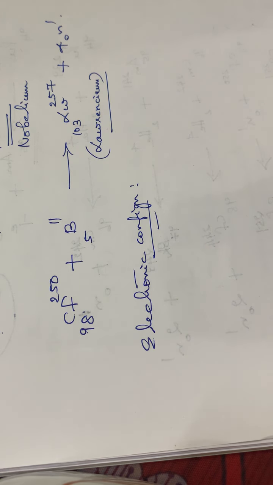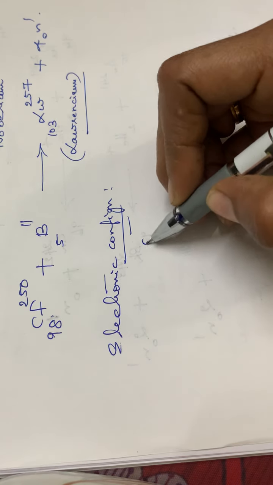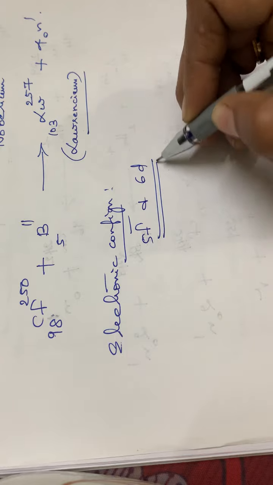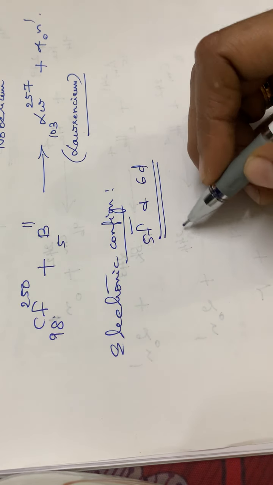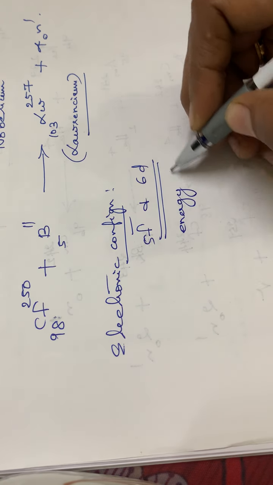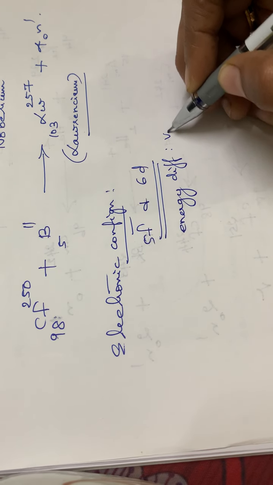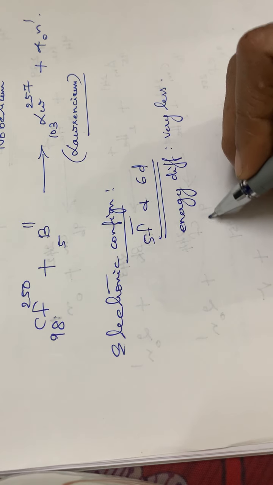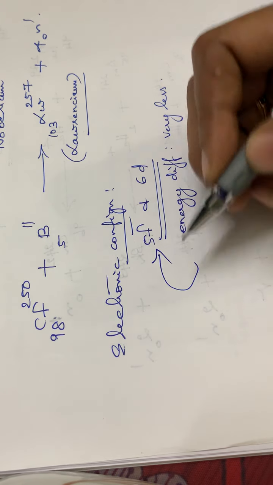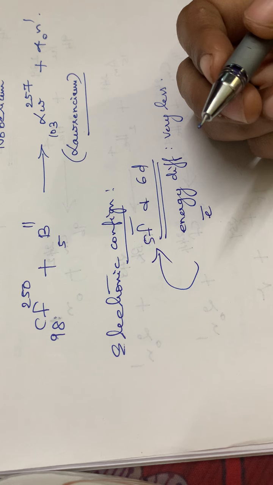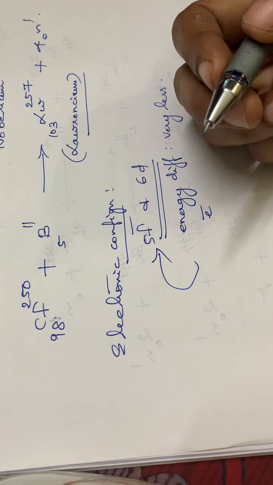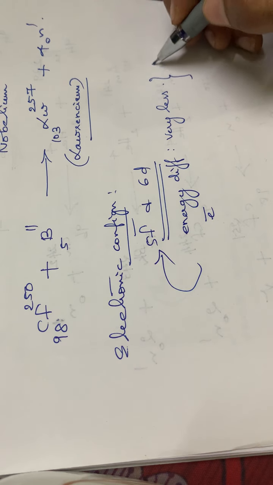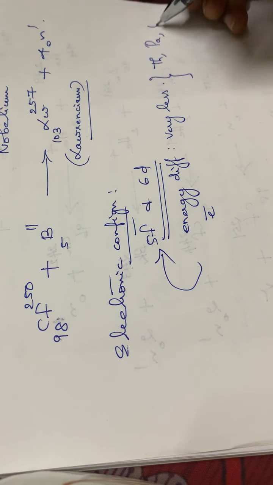While comparing the 5f and the nearby 6d orbitals, the energy difference is very small, isn't it? So the electrons can enter into either the 5f or the 6d orbitals, and in some cases the electronic configuration changes. For example, the energy difference is very small in the case of thorium, protactinium and uranium.